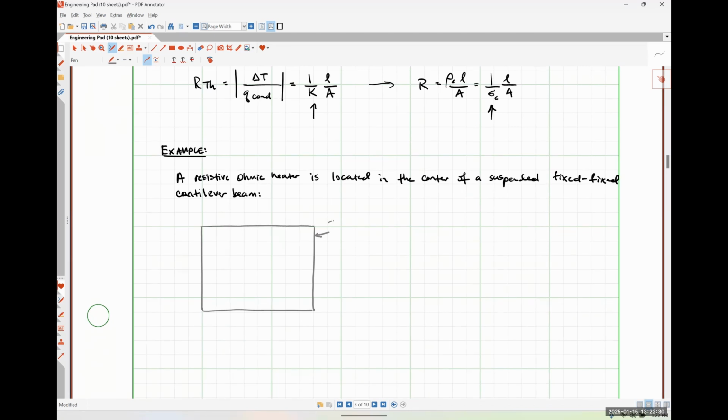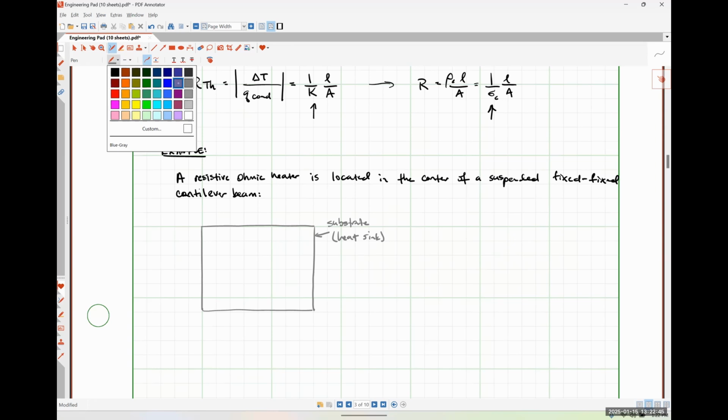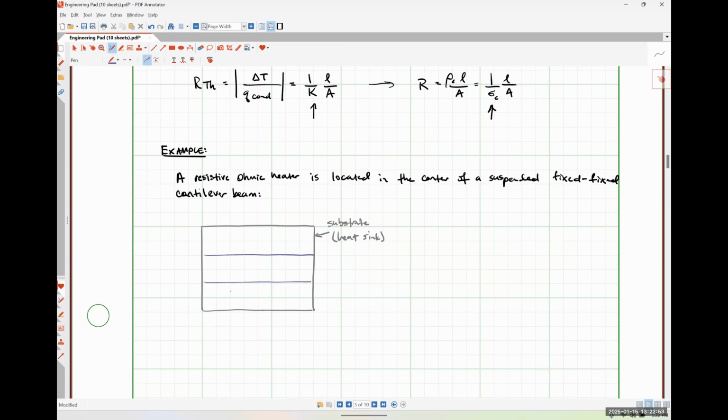So this is our substrate. I'm going to put in a note here. It's effectively acting as a heat sink. And then we've got this beam profile across it. And then I'll do this in pink just so that it's obvious. This pink is going to be metal.